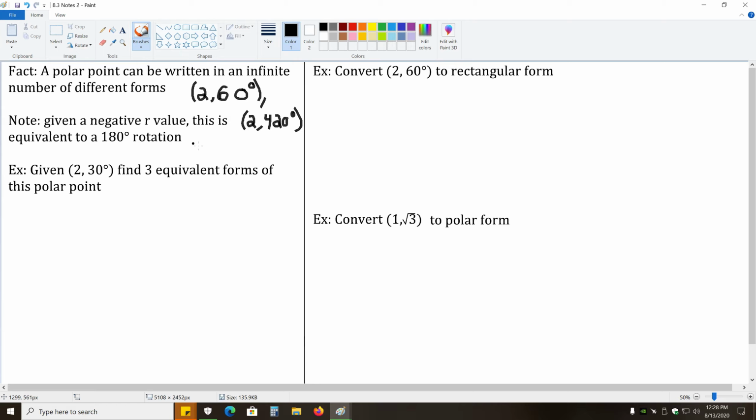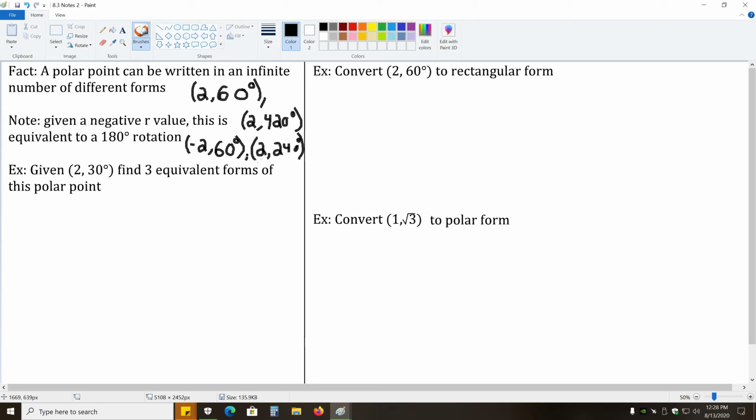So that one's a bit odd, but it's saying that if you had the point, let me make that negative, (negative 2, 60), then if we change that negative 2 to a positive 2 and add or subtract 180 degrees from it, so let's say we add, we get 240 degrees.